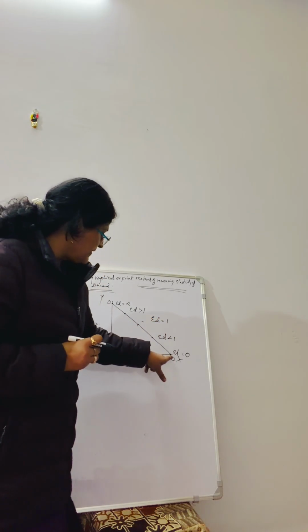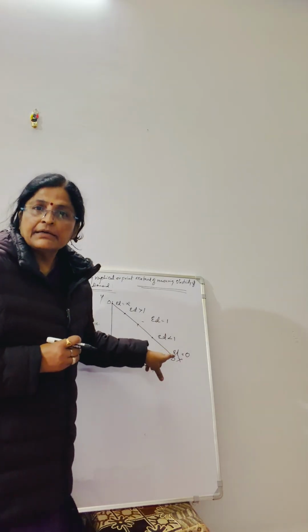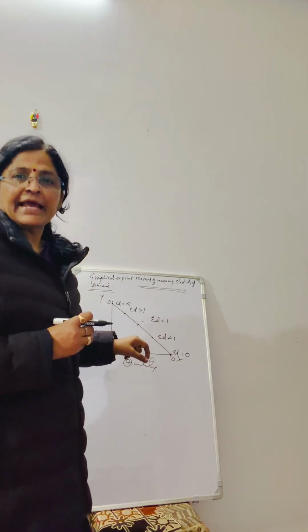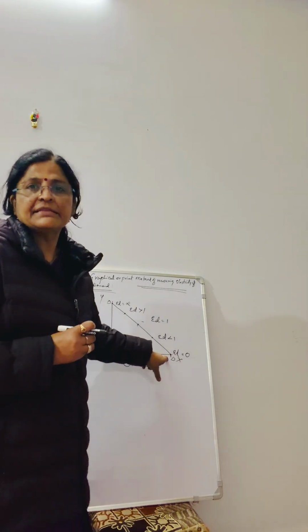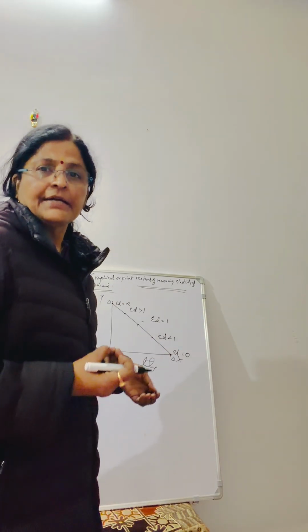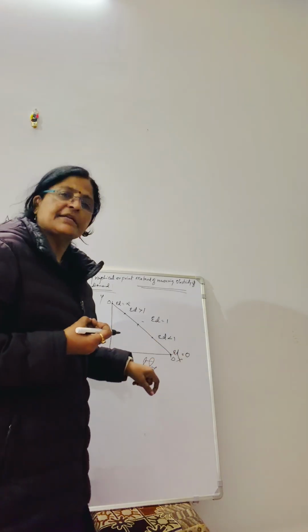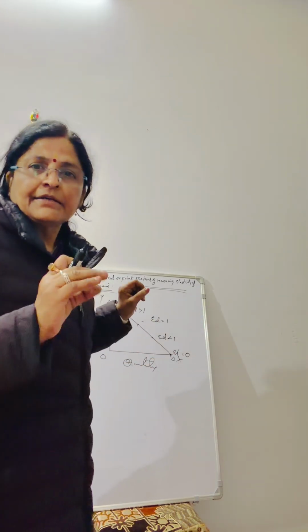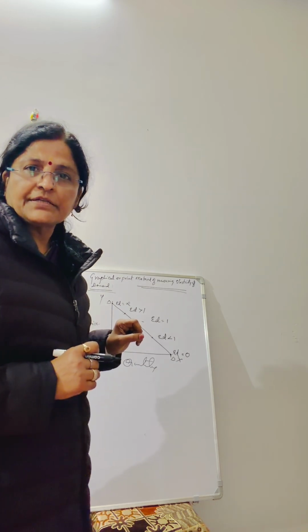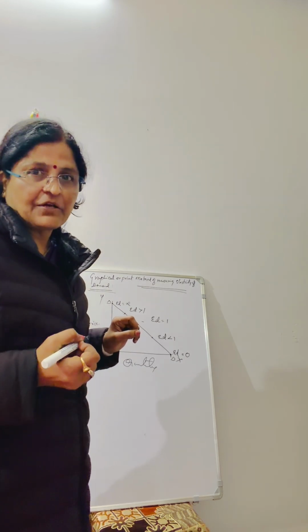And now when we come to the point on the OX axis, it shows that whatever may be the price of the commodity, the quantity demanded will be 0. It doesn't affect any quantity of the commodity with the decrease in the price of the commodity.